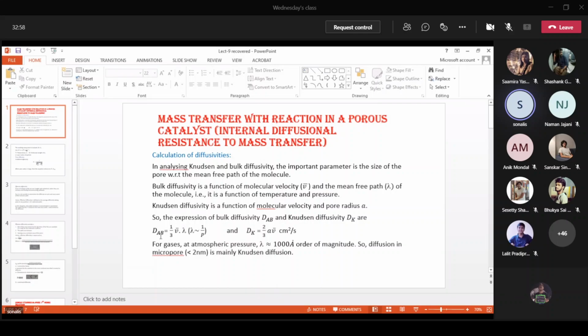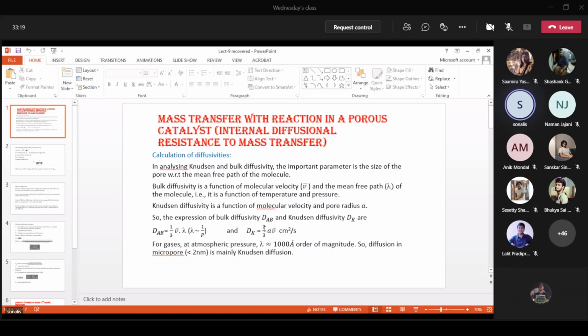D_AB is equal to 1/3 v bar lambda, where lambda is roughly equal to 1 by P, the pressure. And D_K, the Knudsen diffusivity, is 2/3 a v bar. Both are in centimeter square per second. These are the two formulas we see for the two types of diffusivities.